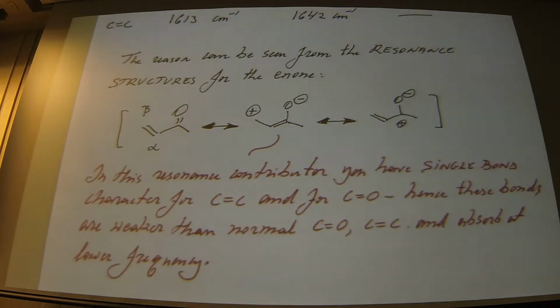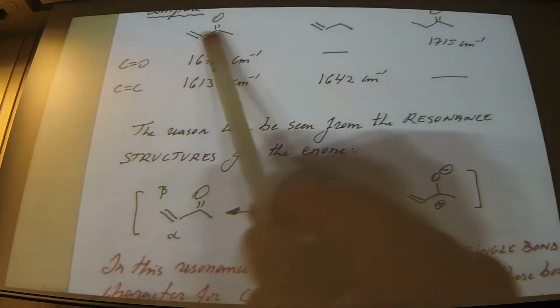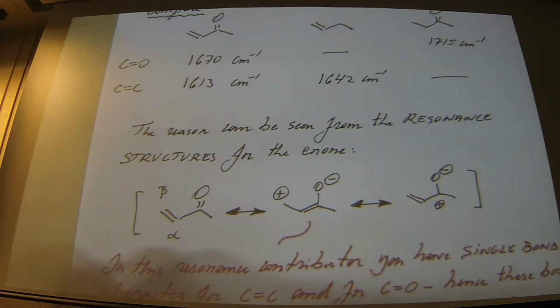To the extent that that resonance structure contributes to the reality of that alpha beta unsaturated ketone, this can be easily understood. So, bottom line, conjugation will manifest itself as a lower frequency for the C=O and C=C bond stretch.